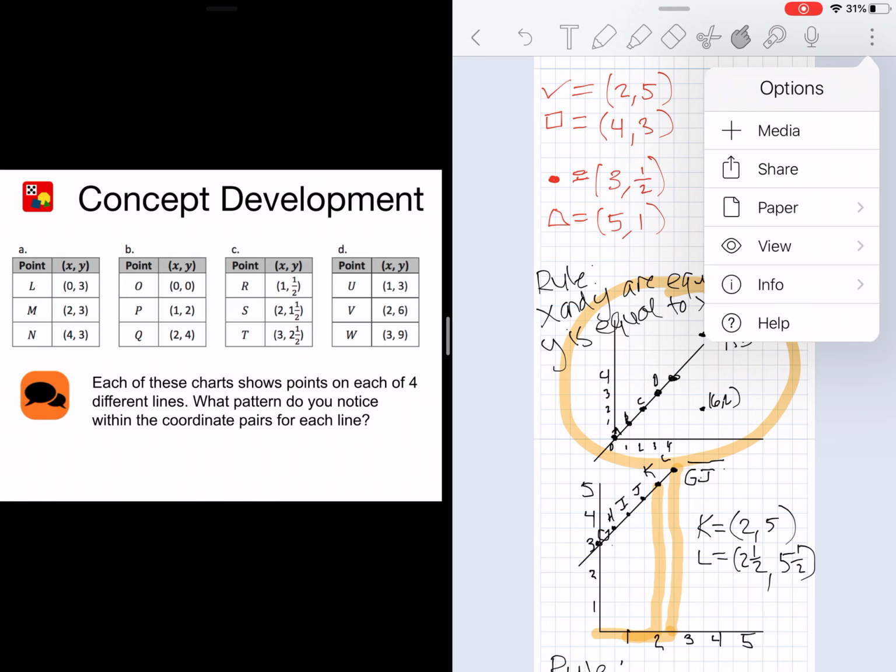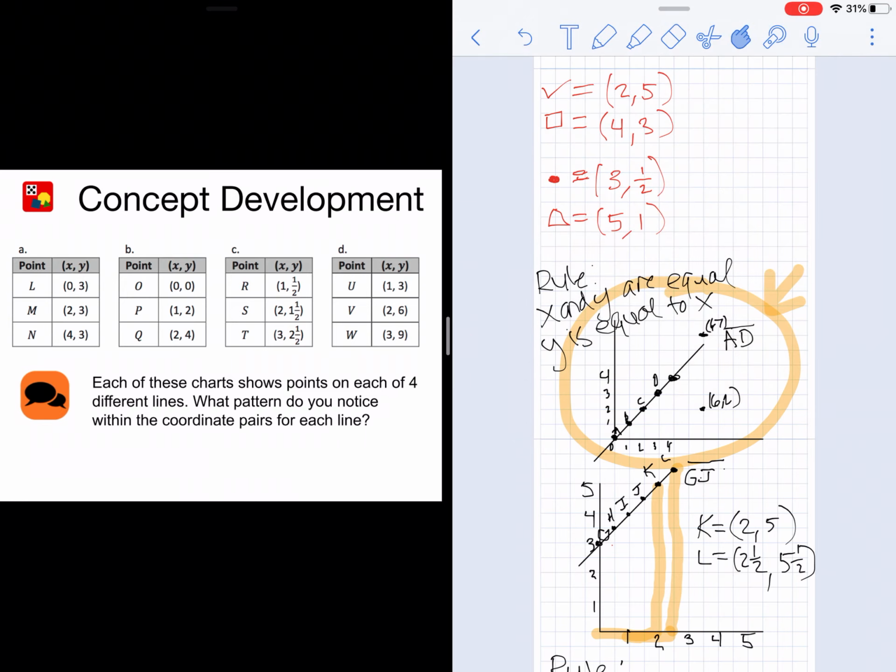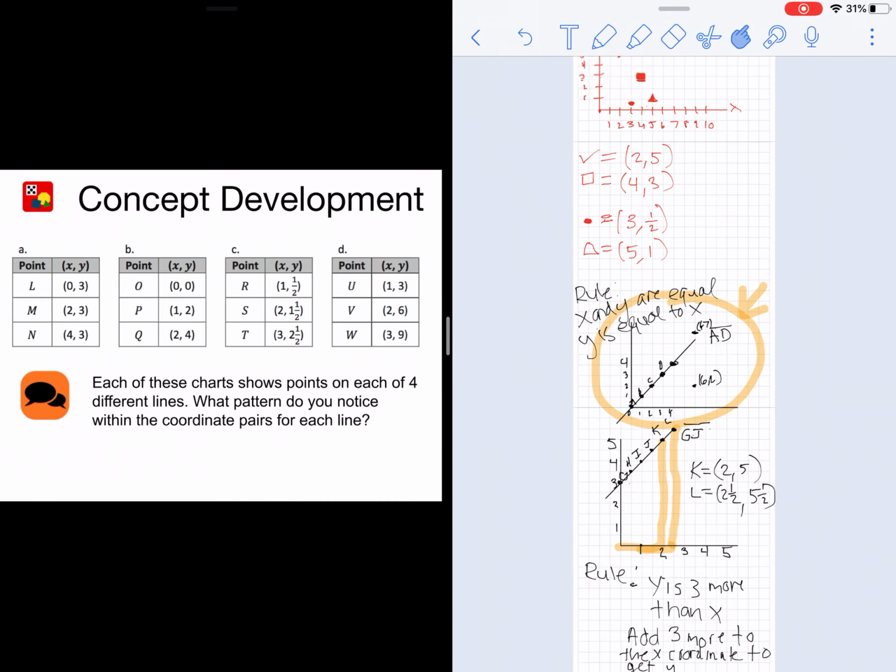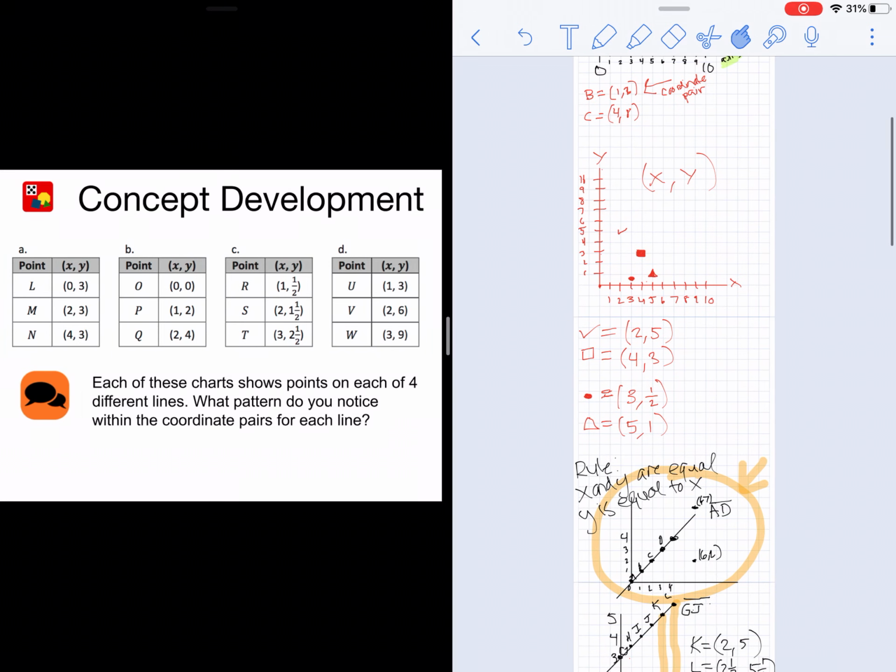I'm going to erase this. This is what we worked on a couple days ago.